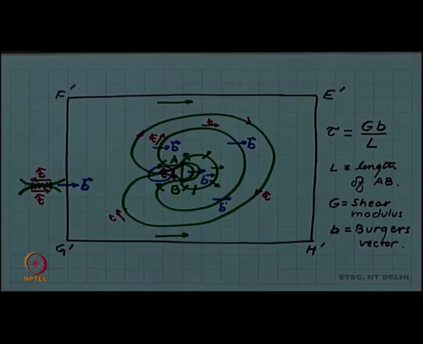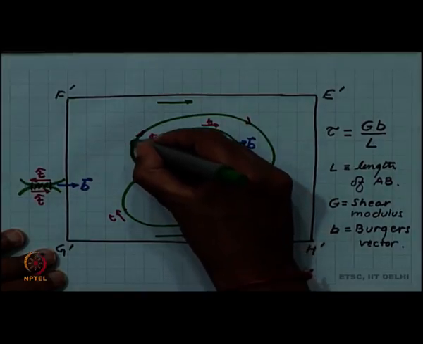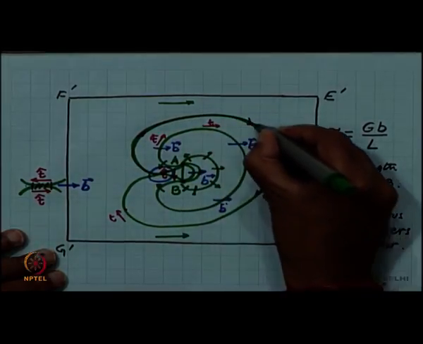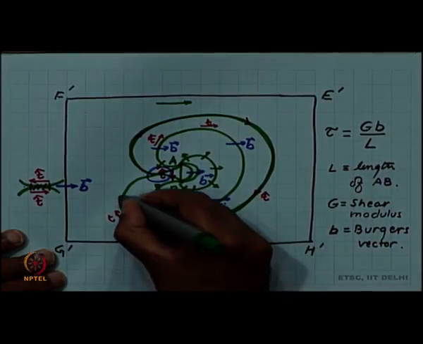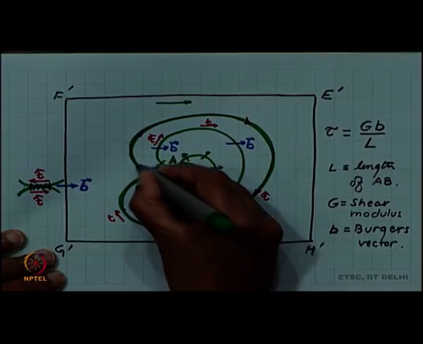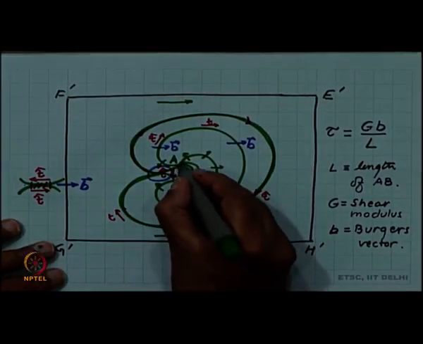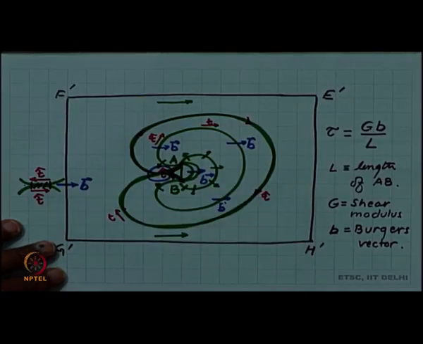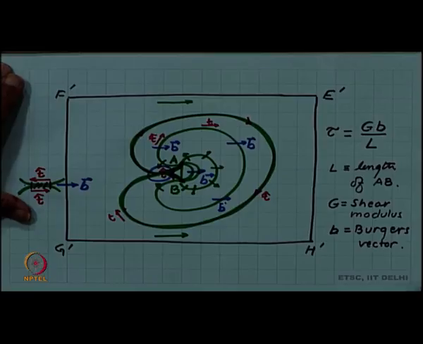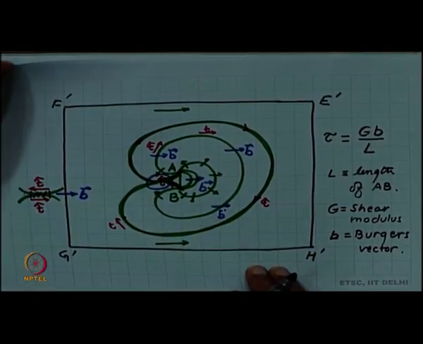So, what will happen then is that the dislocation lines will break into two segments. One of them will be a loop, this heart shaped or kidney shaped loop, and the other will be a smaller segment like this. So, let me redraw that for clarity.